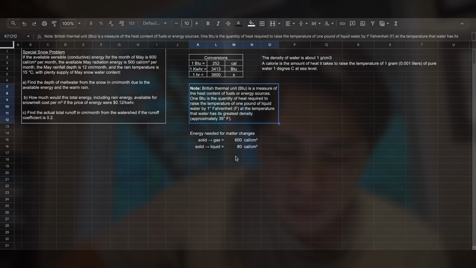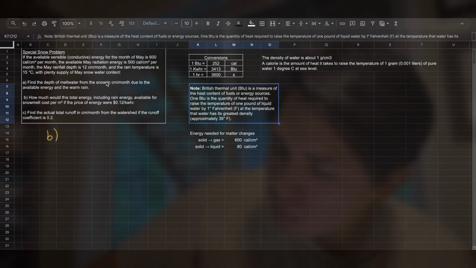Let's continue with the conversion to get how much money all these energies that we have, plus the precipitation, will represent. So we already solved for the total. Okay, let's do B. We need to solve for the total energy in terms of money. We have solved that we melted 16 centimeters.